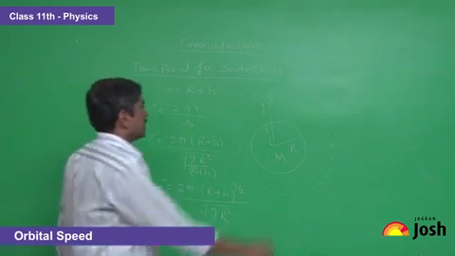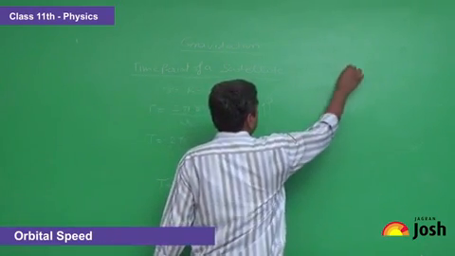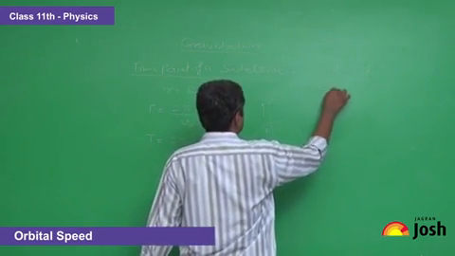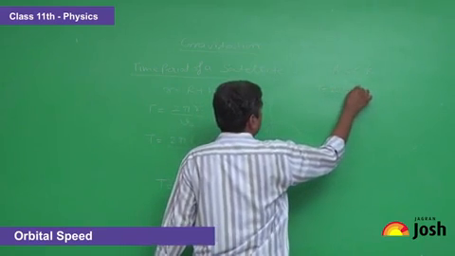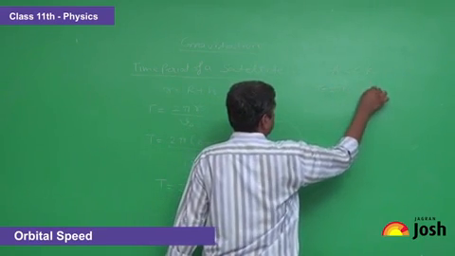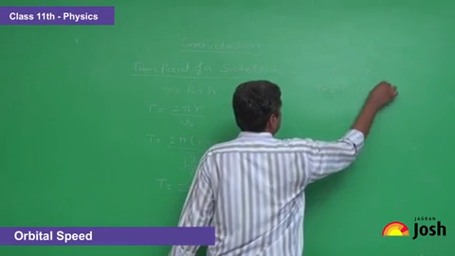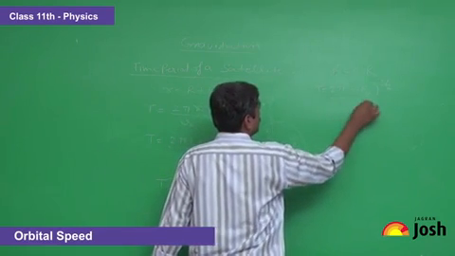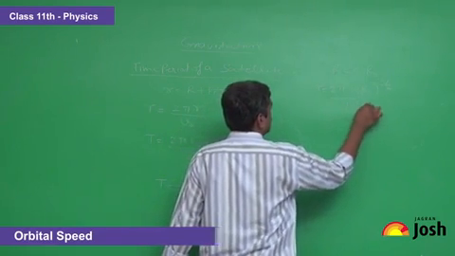For a nearby satellite, that is when h is very small compared to R, we can write T equals 2 pi R to the power 3 by 2 upon under root g R square.